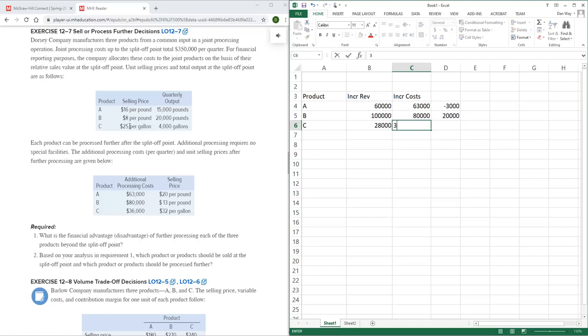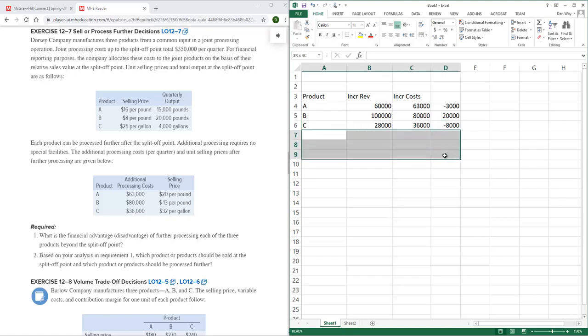And additional processing costs to consider are $36,000. So on a net basis, 28,000 minus 36,000 would be a financial disadvantage of $8,000 to do that additional processing. So based on our rudimentary analysis here, we'd say don't process product A further, do process product B further, and don't process product C further.